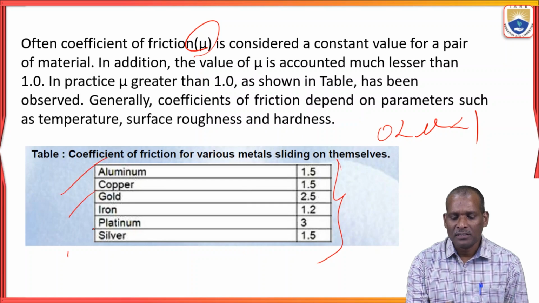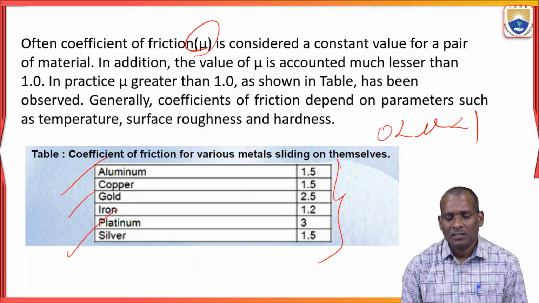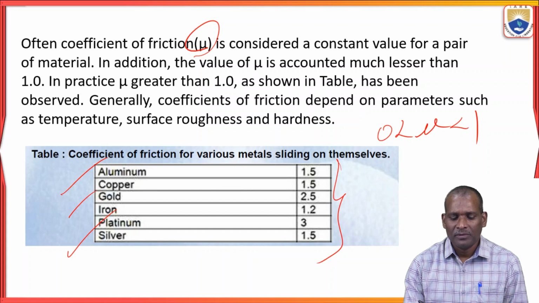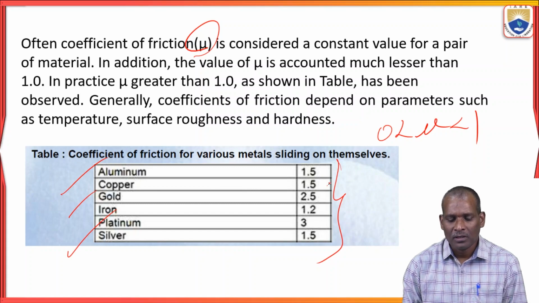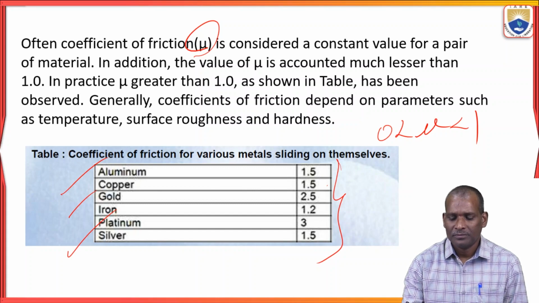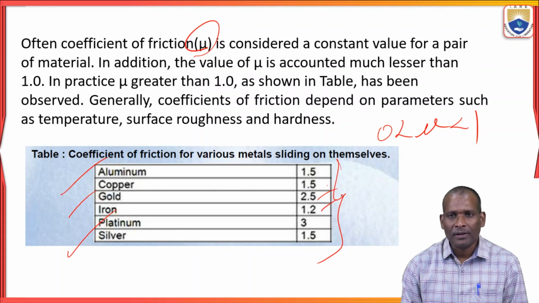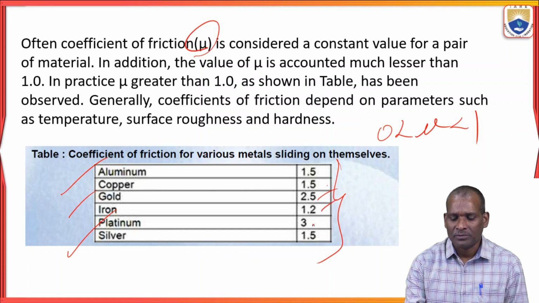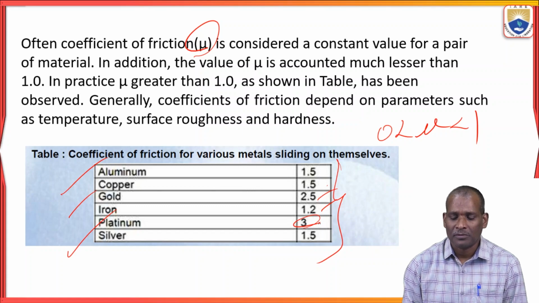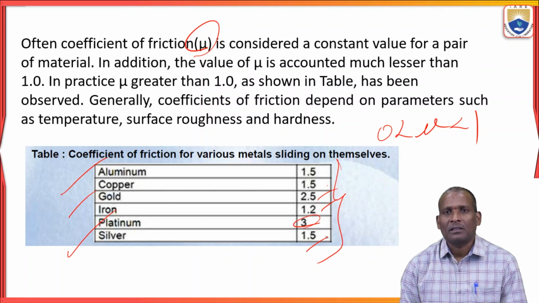See different materials: aluminium 1.5, copper 1.5, gold 2.5, iron 1.2, platinum 3, very high coefficient of friction, and silver 1.2. Like this, the table shows the coefficient of friction of different materials.